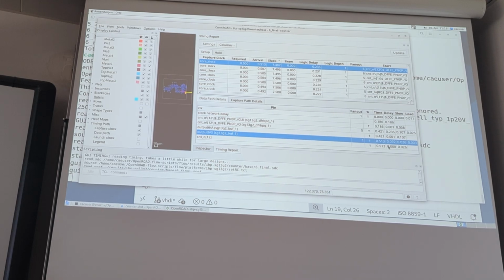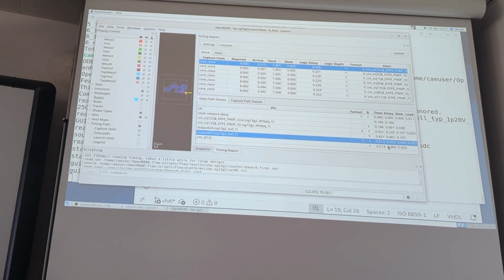Yeah? So what could we do to focus more on the internal speed of the counter? The first thing we could do is decouple it by adding an output flip-flop like we did for the input.